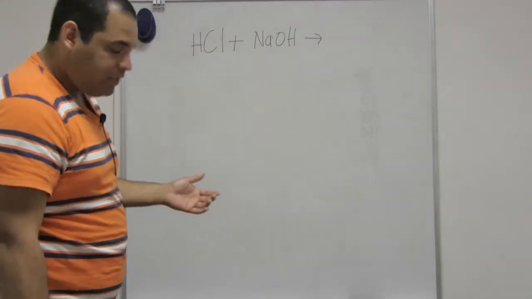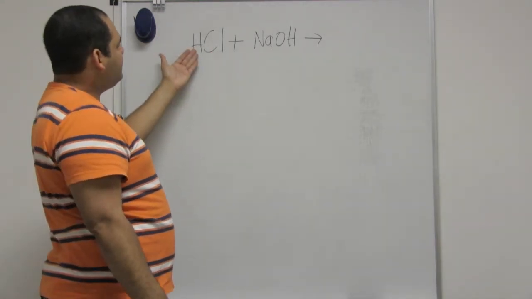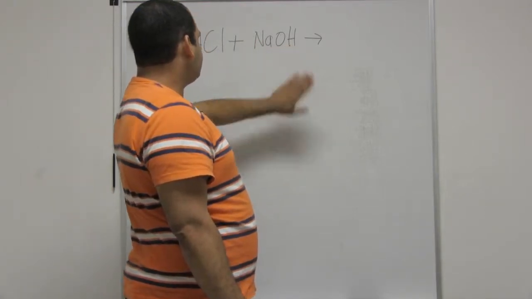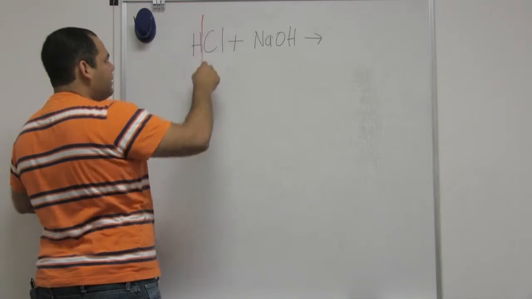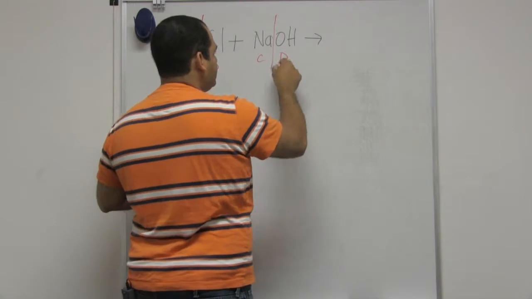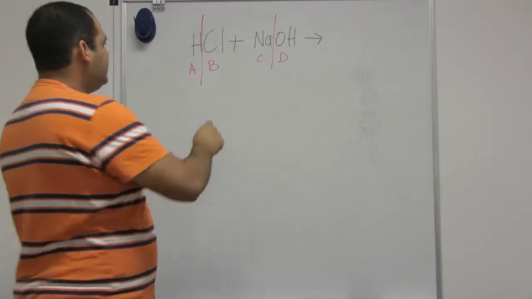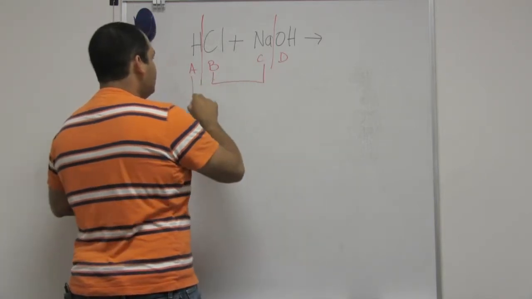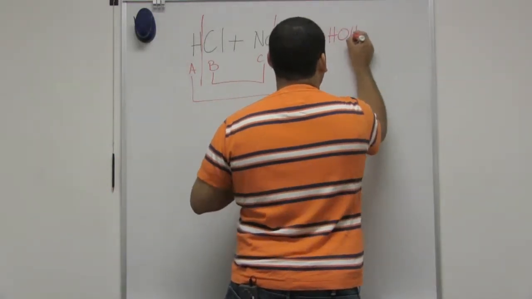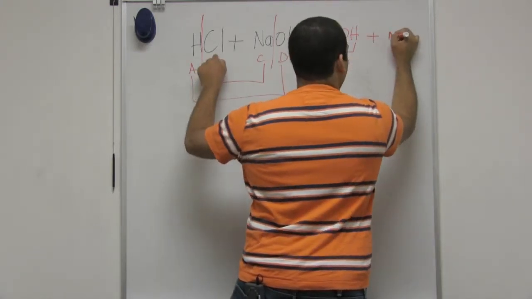So I look at this particular example, first of all, I know this is an acid because it starts with an H. I know this is a base, we have a hydroxide on this side, but I can also break this apart and have A, B, C, D. So if I have two compounds, I know that in the final product, B will combine with C and D will combine with A. So we'll have HOH, which is H2O, plus NaCl.